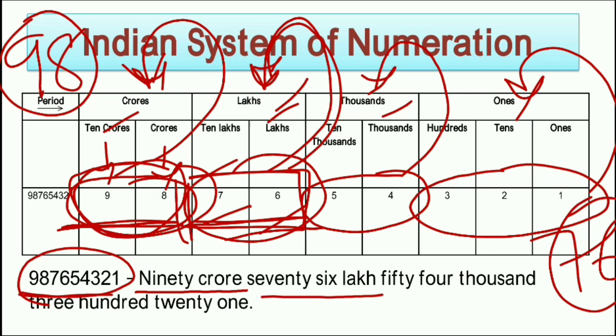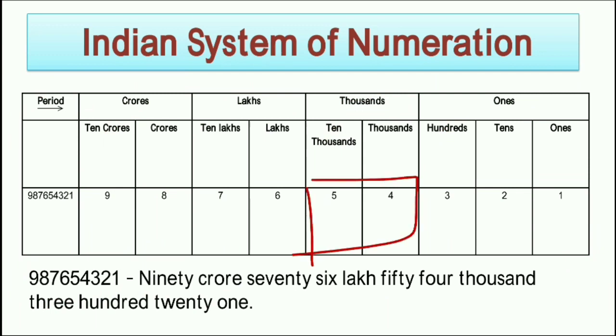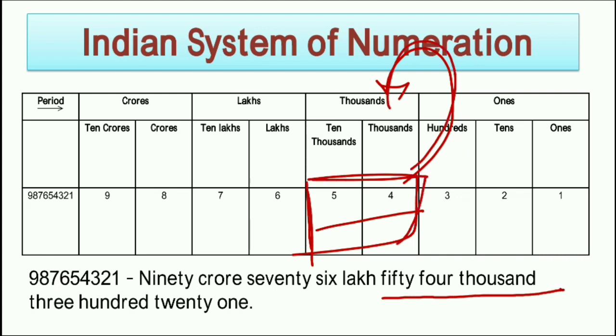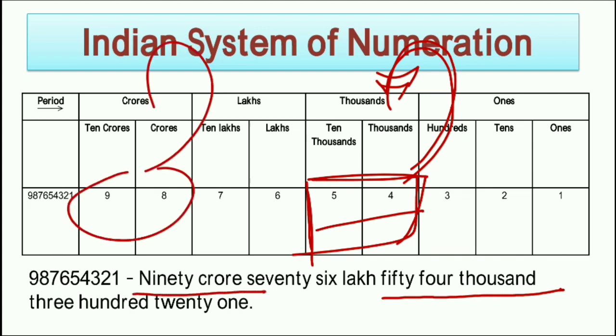After that in the thousands period, the digits are 5 and 4, so 54, which means 54,000, because these two belong to the thousands period. Got it? These two were in the crores period, that's why 98 crore, and these two were in the lakhs period, that's why 76 lakh.